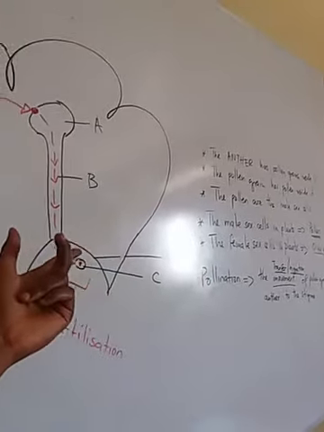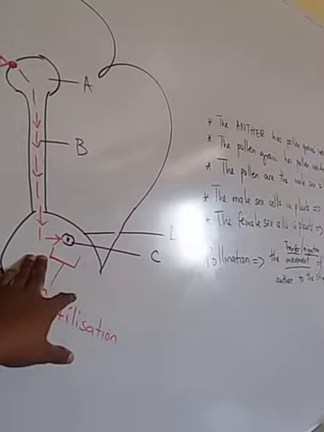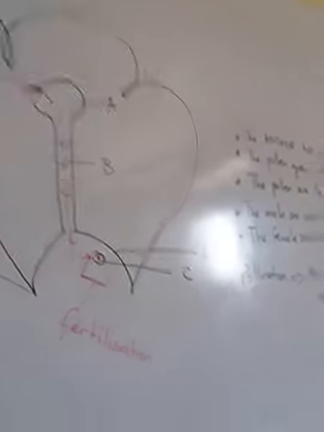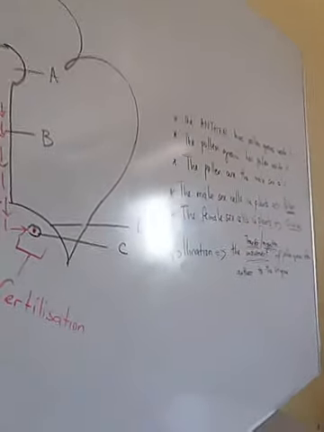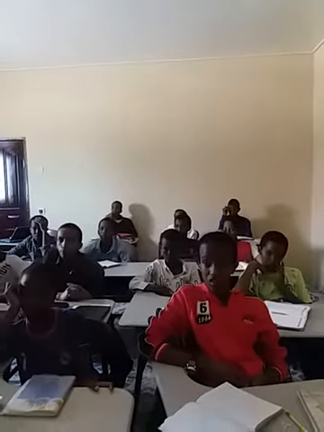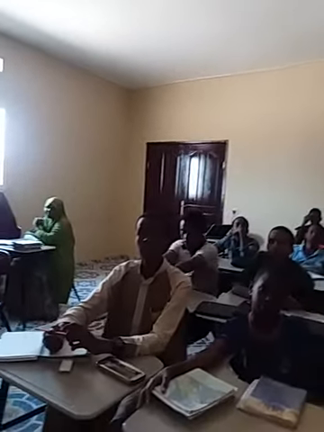One thing we have to understand is there are a lot of ovules inside the ovary. One pollen grain will fertilize one ovule, and that's enough. Then another one will fertilize another until all are completed.